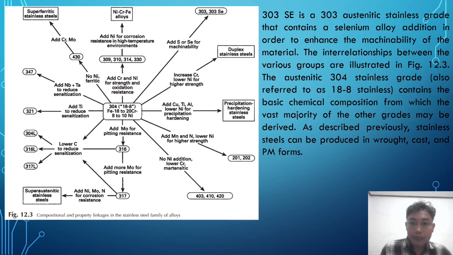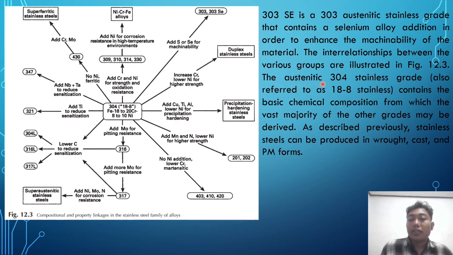Next, 303 Se is a 303 austenitic stainless grade that contains a selenium alloy addition in order to achieve improved machinability of the material. The interrelationship between the various groups is illustrated in Figure 12.3.